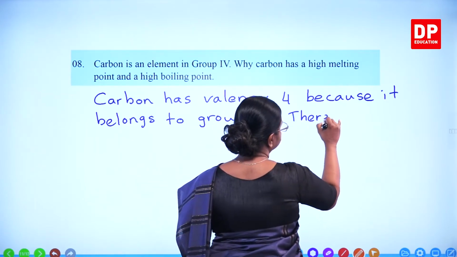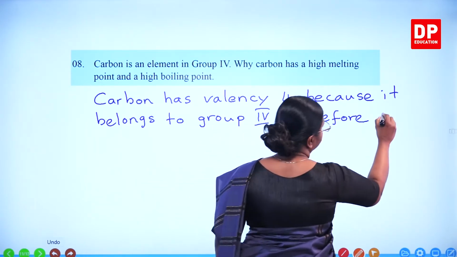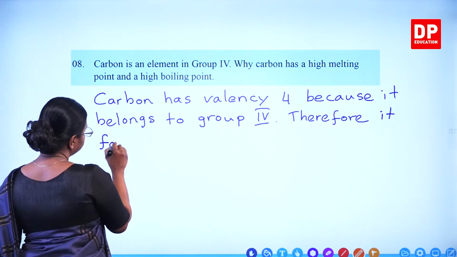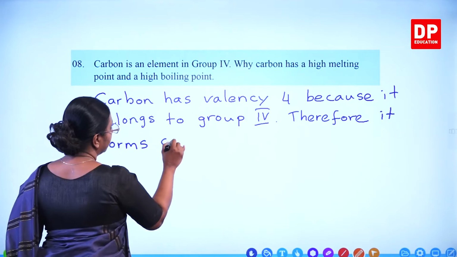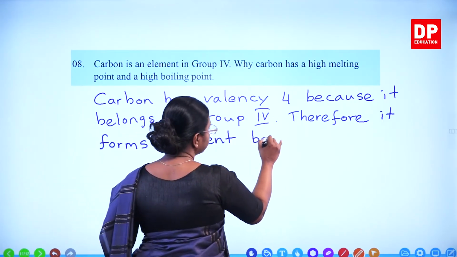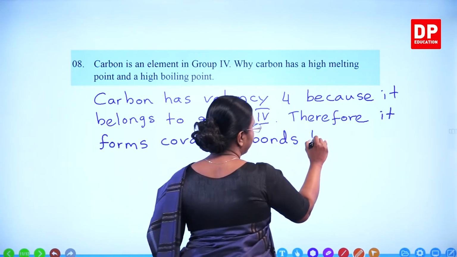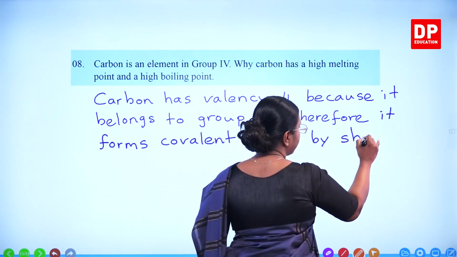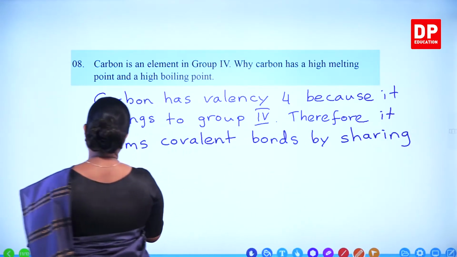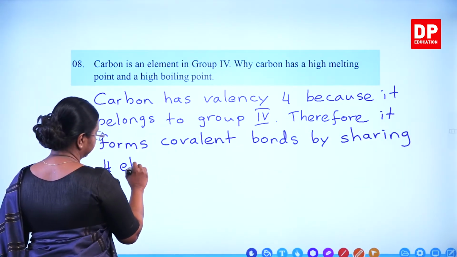Therefore, it forms covalent bonds by sharing 4 electrons.